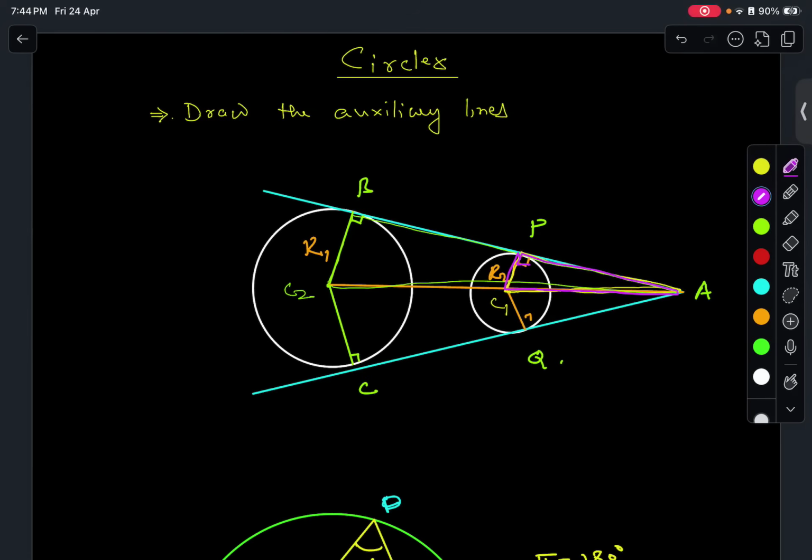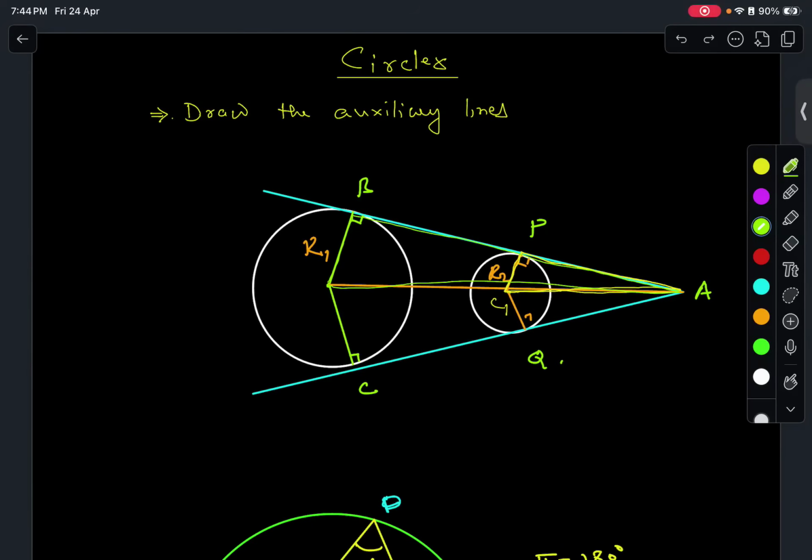Why are both similar? Because this angle is 90, this angle is 90, this line is common, and this angle is the same. If we extend this, we get the same triangle. If both triangles are similar, what is the meaning of similar?